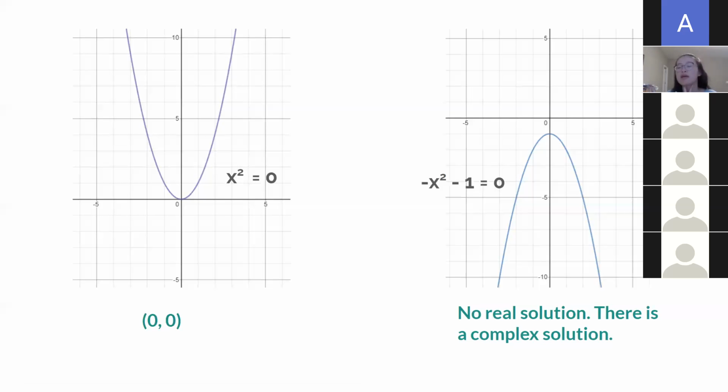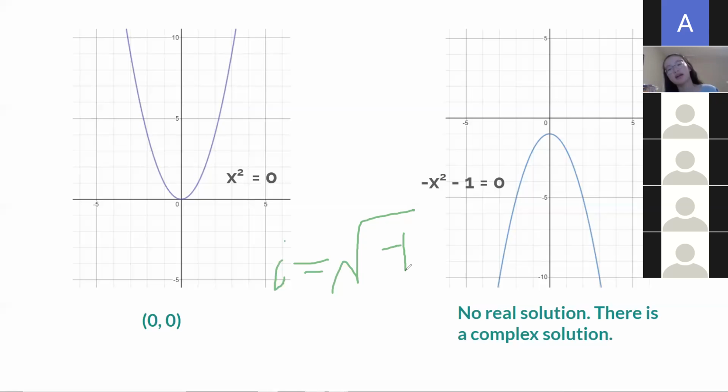When I say complex, I basically mean that the solution will involve a number that includes i. For those of you who don't know, i equals the square root of -1.